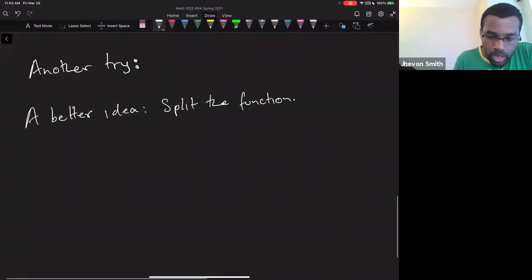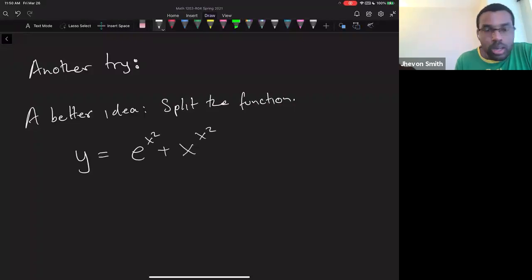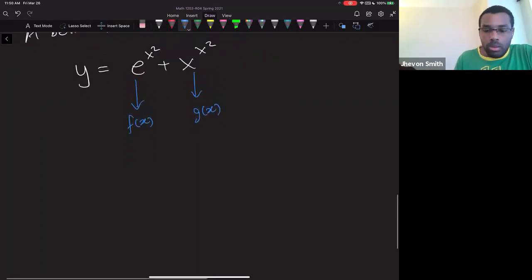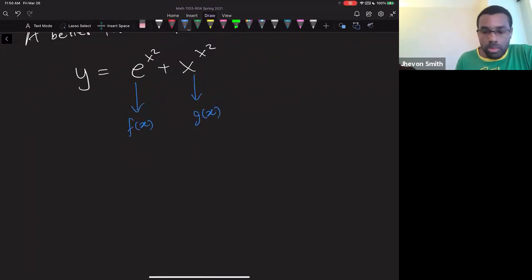If I have y equals e to the x squared plus x to the x squared, think of this function as two separate functions. Think of this as some f of x and this as some g of x, because we know that derivatives distribute across sums. So clearly y prime is going to be the same as f prime of x plus g prime of x.